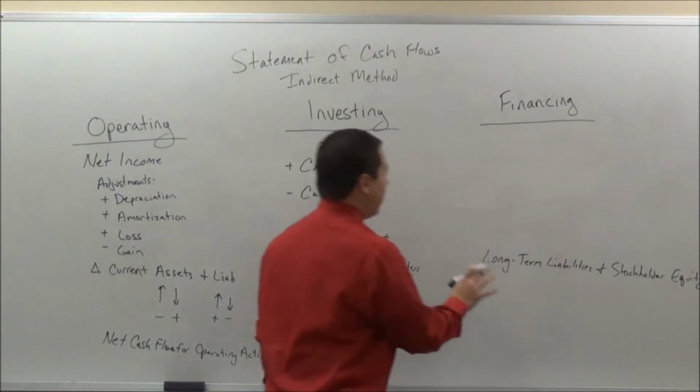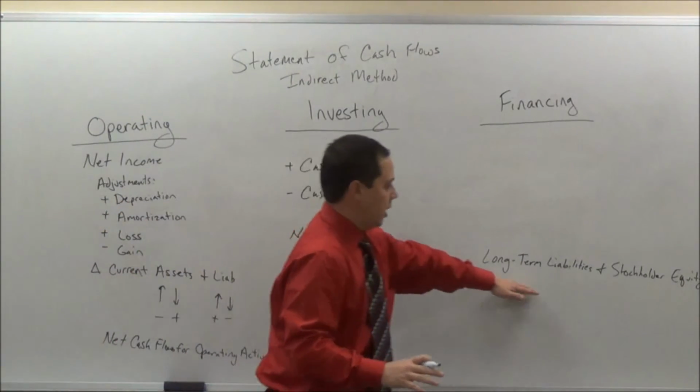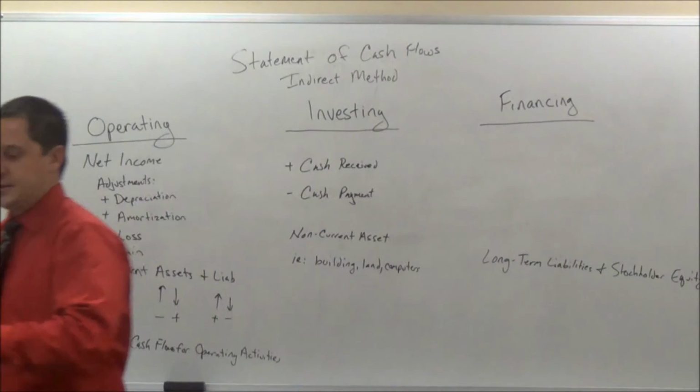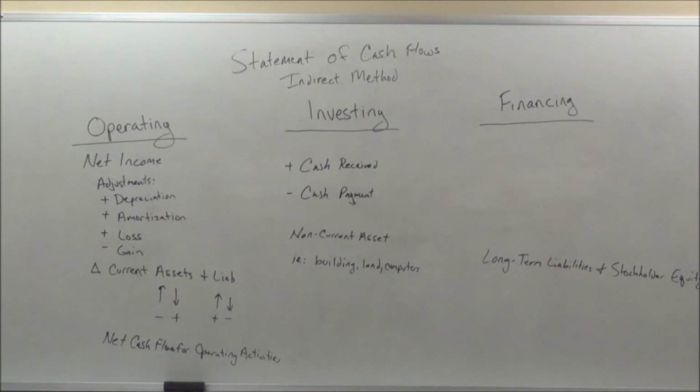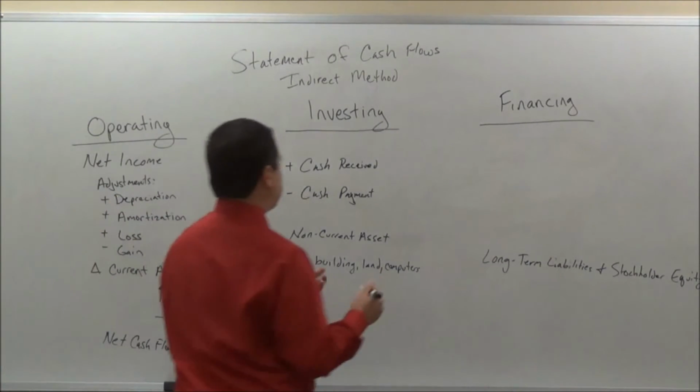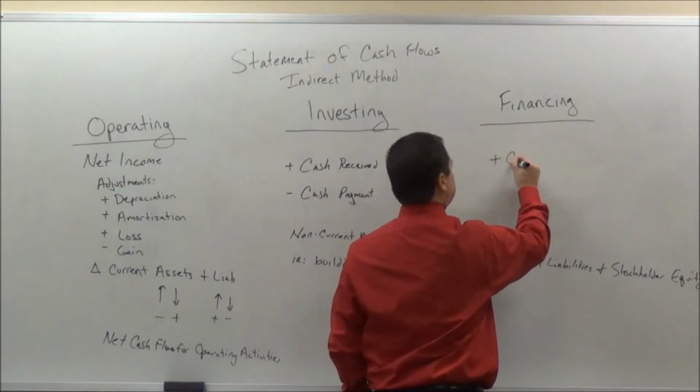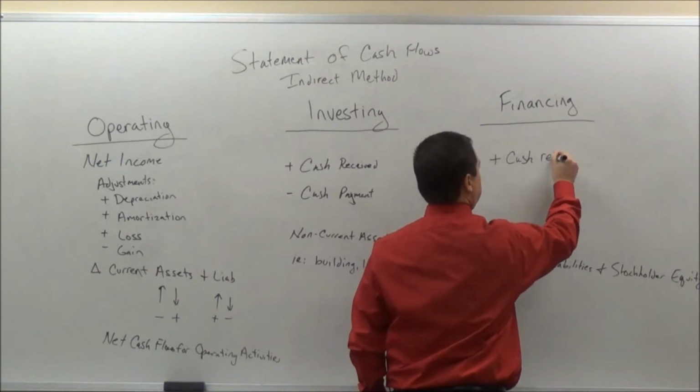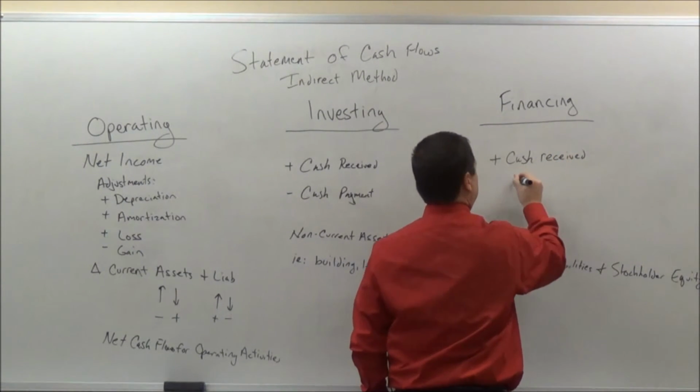All right, so now this is where we'll focus on. Some of those things that we'll take a look at here is that we have received cash in from some things, and then we make some cash payments. So again, we may receive, and I'll go over a few of these here. So cash received, and cash payments.